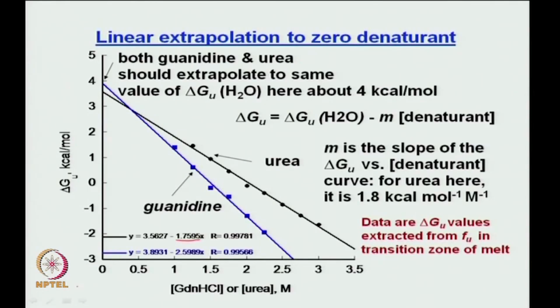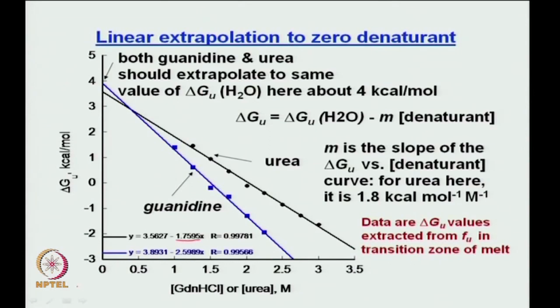What people have done is, this linear extrapolation method is one model definitely, but think about this. Guanidine hydrochloride has some electrostatics involved because it is a salt, while urea is a polar molecule.